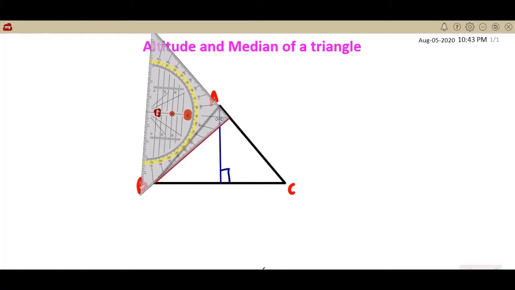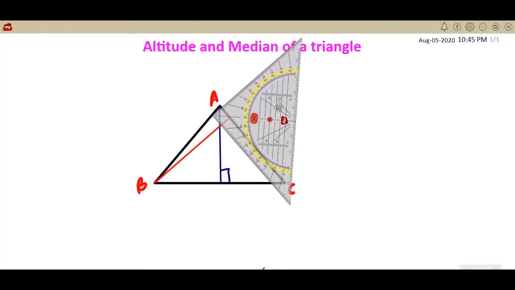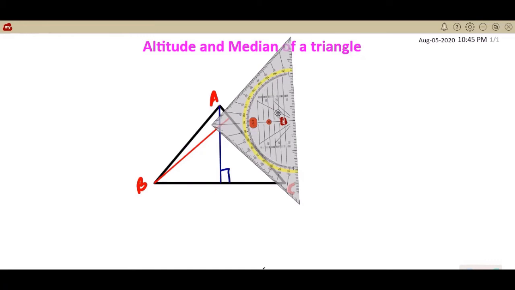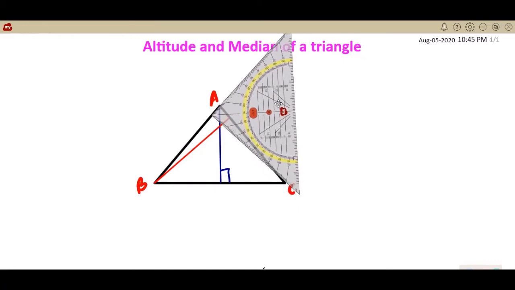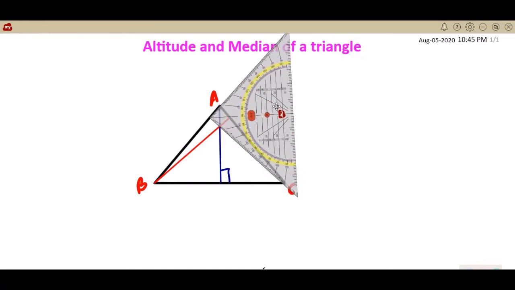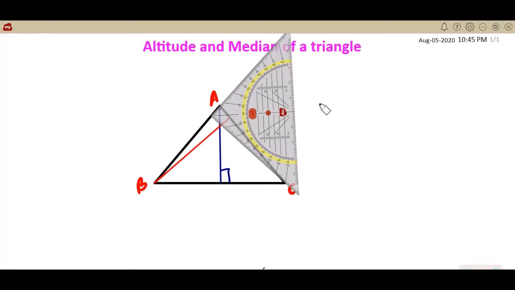Okay, the altitude is drawn, and now I have one more side AB, its altitude to be drawn. Altitude means 90 degree from the side AB to the opposite vertex C here in this case. Okay, so this is the third altitude.